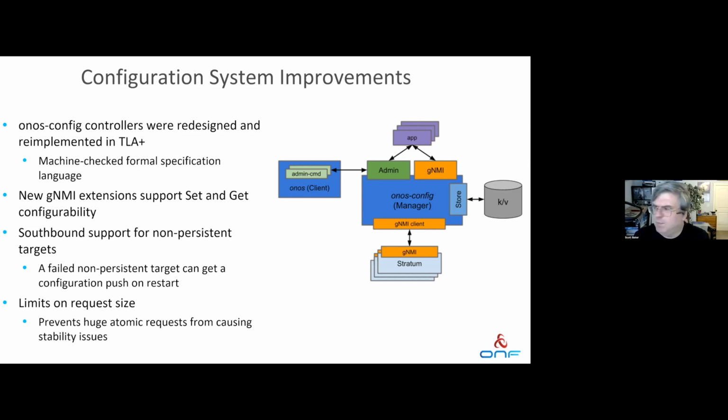Finally, we've had some issues with stability when very large configurations are pushed via the API. We feel it's not necessary to push very large configurations. The configurations don't need to be atomic. They can always be broken down into smaller pieces.